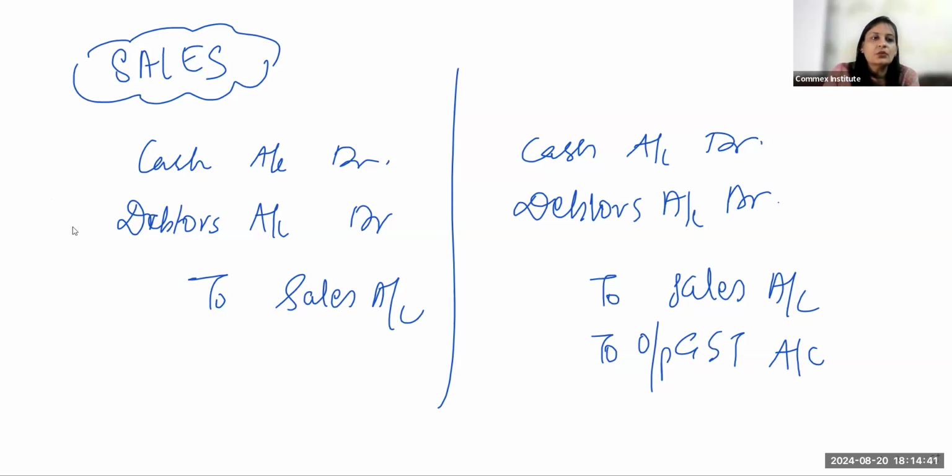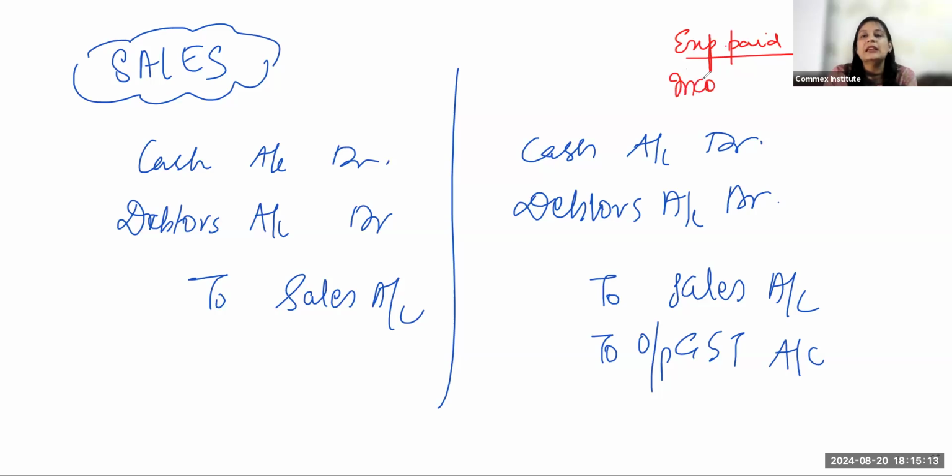So when we are making expenses paid, here input GST would be debited, like your purchases, rent paid, commission paid, advertisement expenses paid, stationery expenses paid. So for all the expenses paid, input GST would be debited.